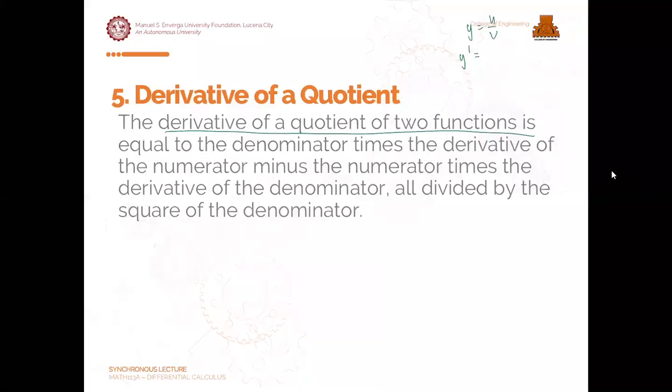So denominator daw times yung derivative ng numerator minus yung numerator times yung derivative ng denominator all over square daw nung denominator. Okay? So, kailangan mapalabas natin tong equation na to. No? Kung paano nakuha yan. Okay? So, medyo mahaba to, no? Let's try to discuss. Okay.